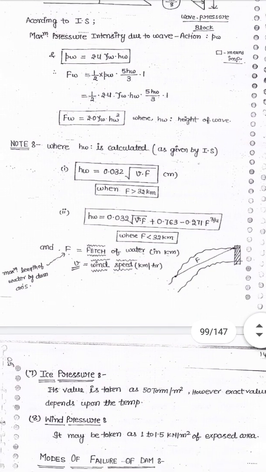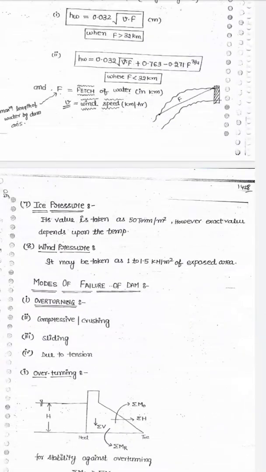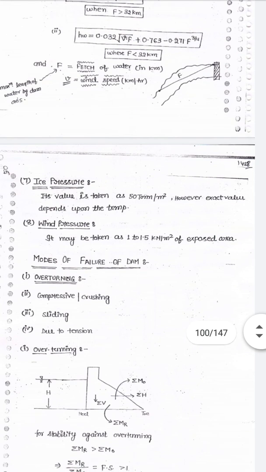So next is ice pressure. Ice pressure is more important in cold countries. The ice formed on the water surface of the reservoir is subjected to expansion and contraction due to the temperature variation.